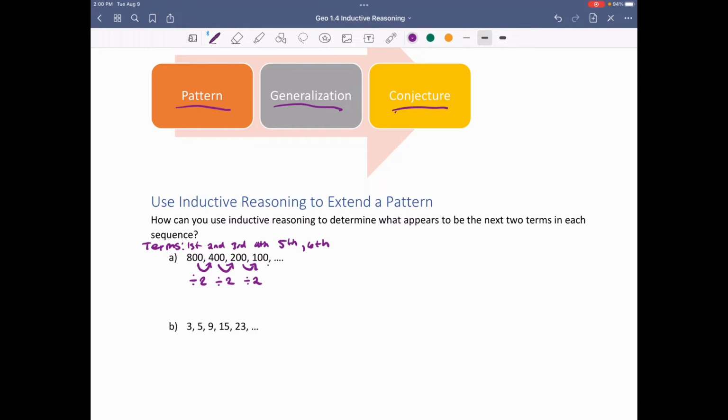So for our fifth term, we will divide 100 by 2, which will become 50. And if we continue our pattern, from the fifth term, we will divide that by 2 and we'll get 25. So now we can see that our fifth and sixth terms are 50 and 25.